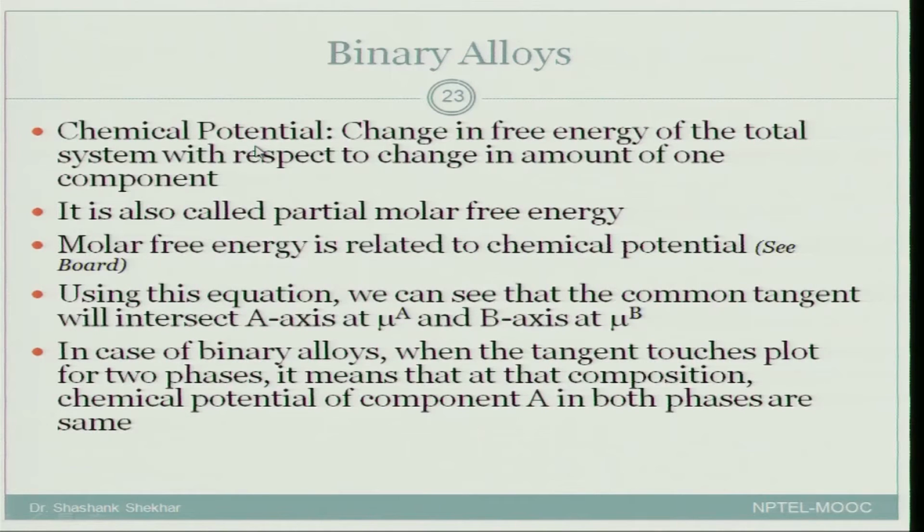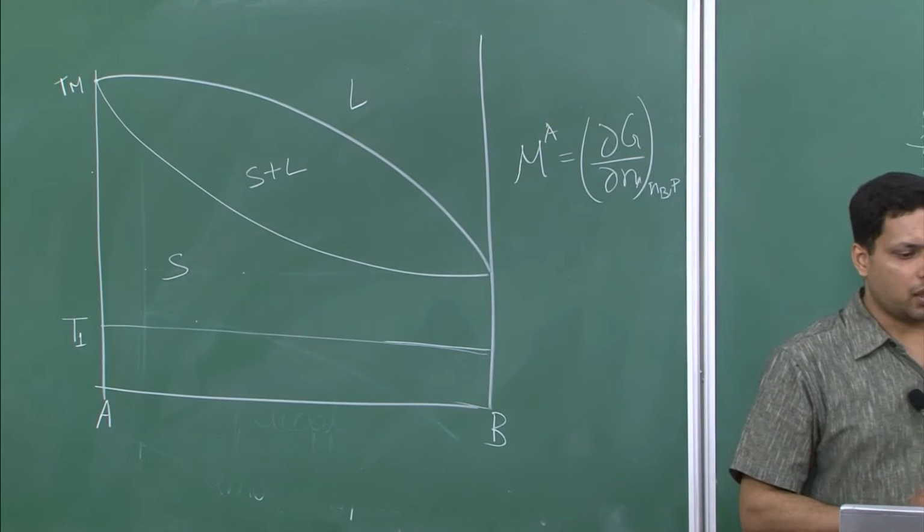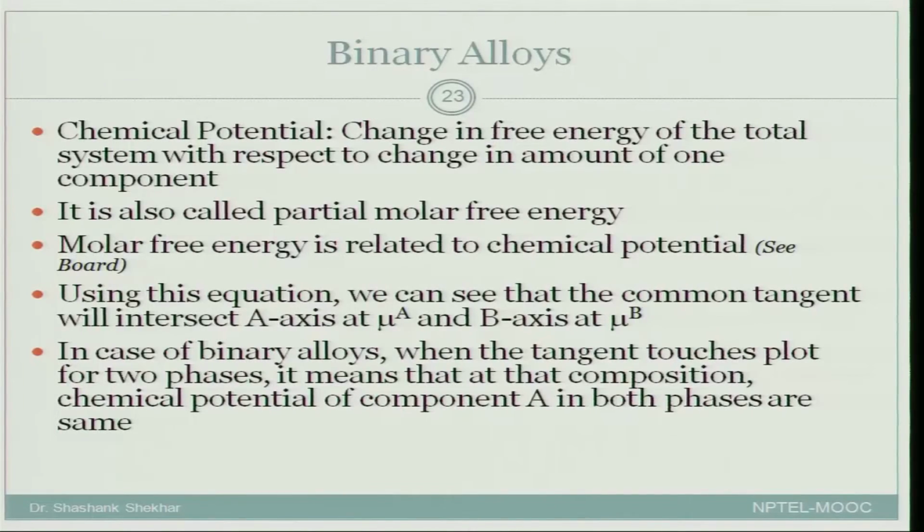So let me get back to the slide over here. In the slide, as you would see, chemical potential is the change in free energy of the total system with respect to change in the amount of one component. It is also called partial molar free energy. Now, this molar free energy is related to chemical potential, meaning the free energy that we have described over here can be related to the chemical potential of the overall system.